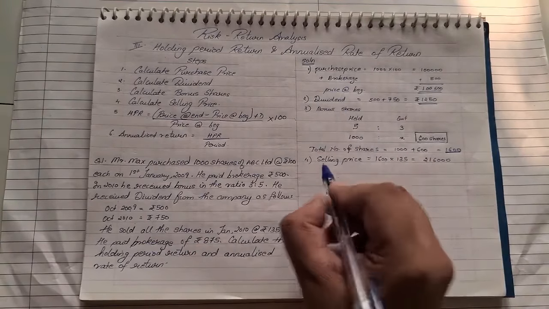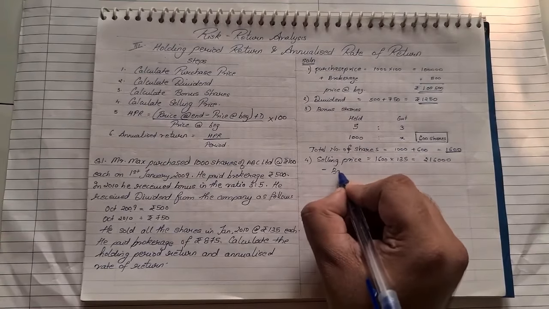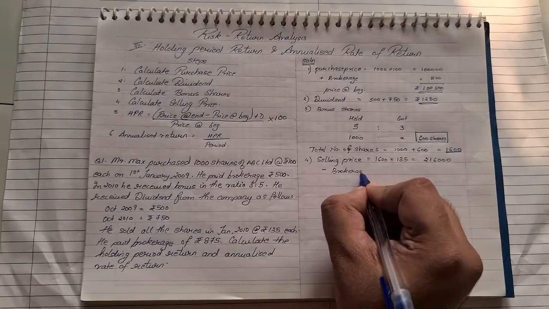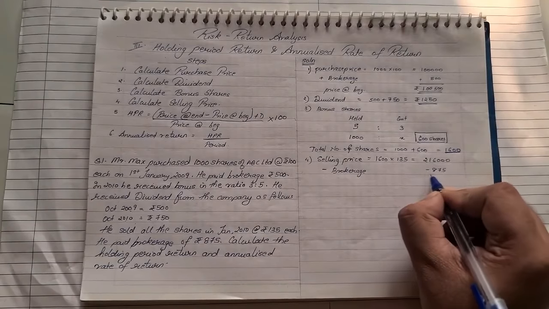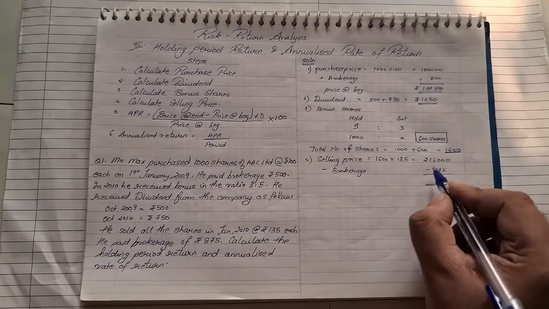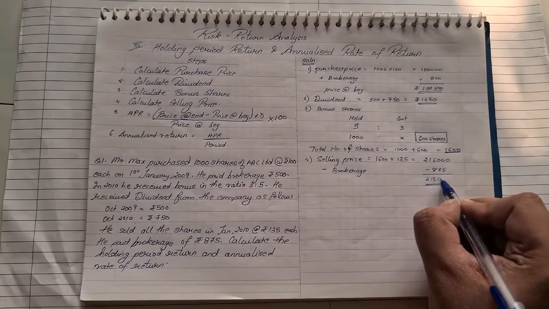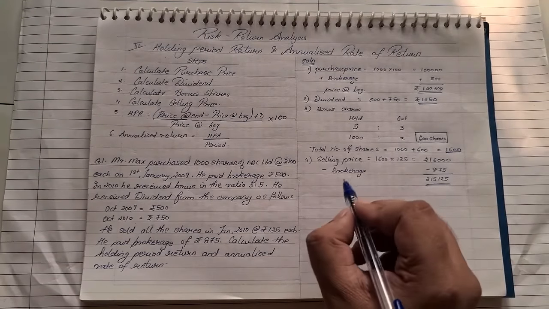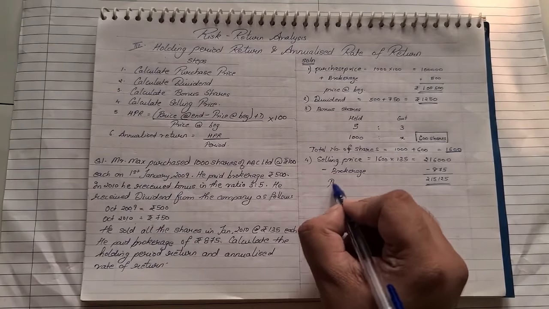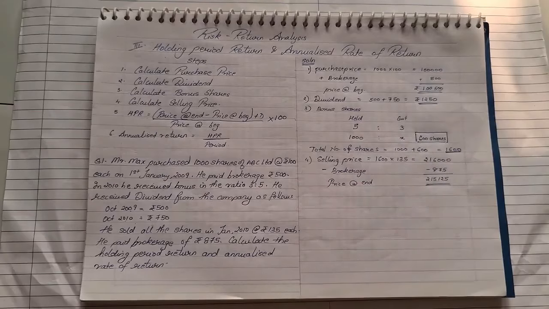On purchase we add brokerage, so on sale we will have to subtract the brokerage, so less brokerage. Okay, the brokerage value was 875, so it will be less. So my total selling price will be 2,16,000 minus 875, which comes to 215,125. We can also write this as price at the end. Okay, price at the beginning is purchase, price at the end is your sale.